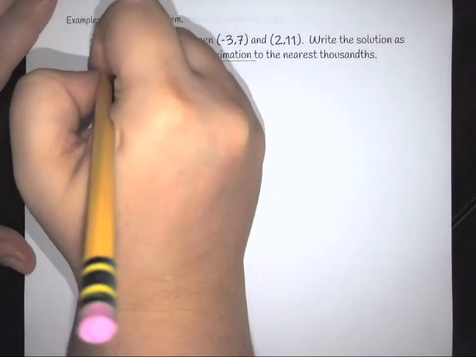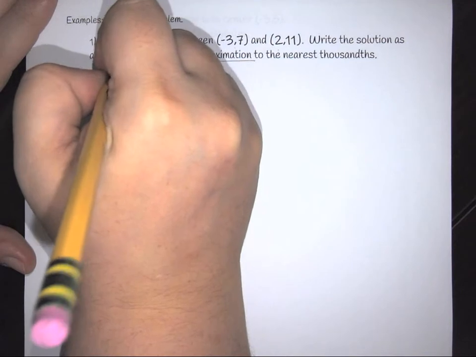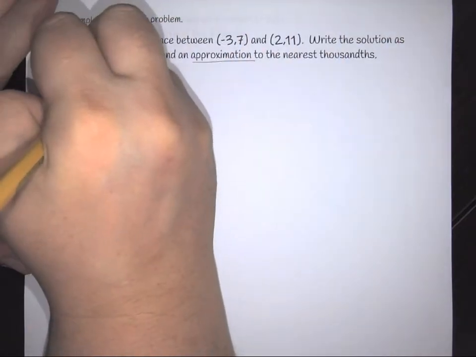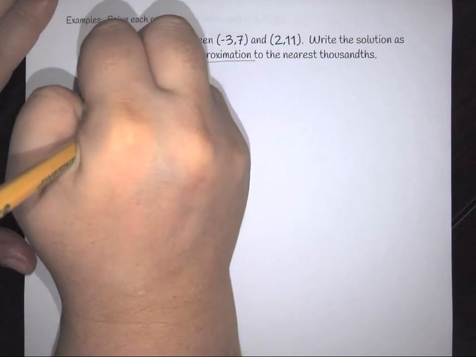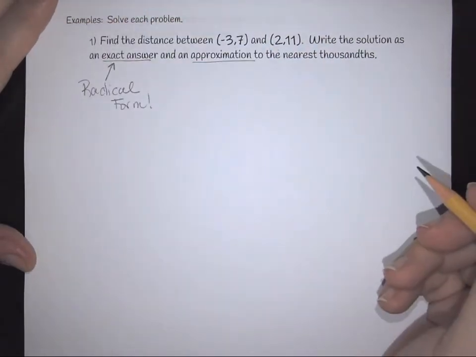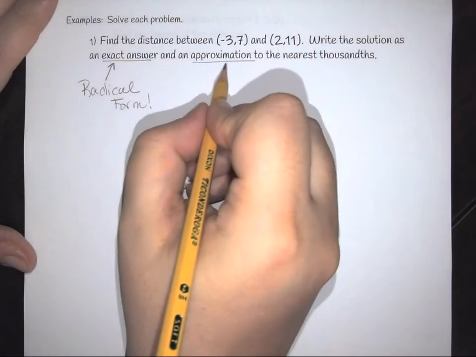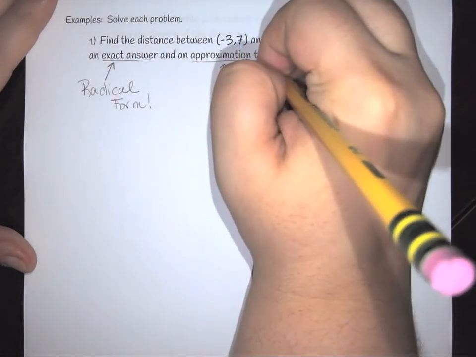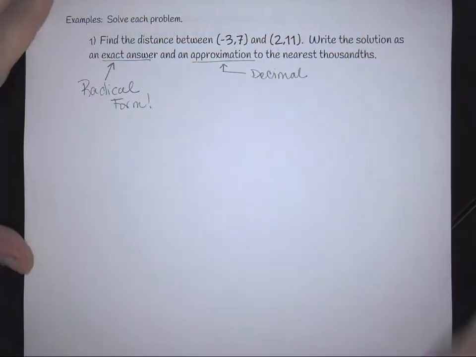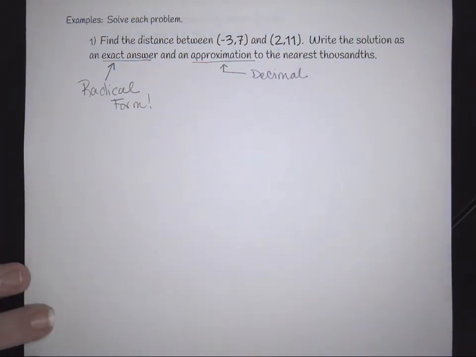So when we talk about exact, we are talking about radical form, as simplified as possible. Approximation is talking about a decimal. In other words, pull out your calculator and actually get the decimal result.